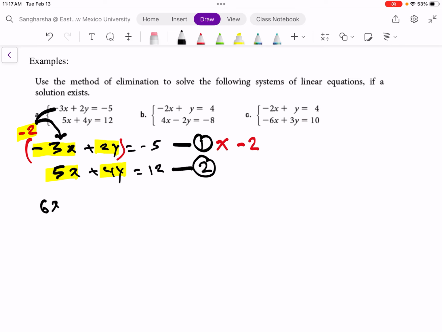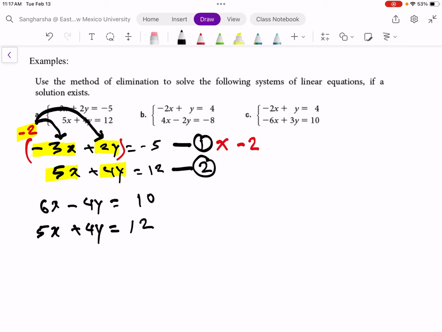Negative 2 times positive 2y is negative 4y, equals negative 2 times negative 5, that is 10. This is our equation 1. And our equation 2 is 5x plus 4y equals 12. So this is what we had when we multiplied our equation 1 by negative 2.